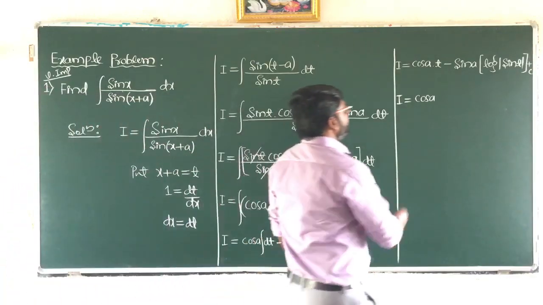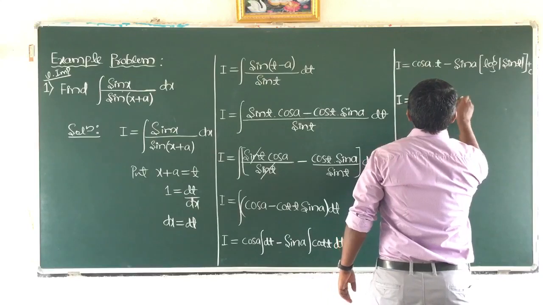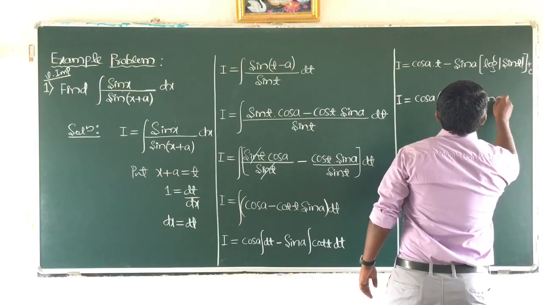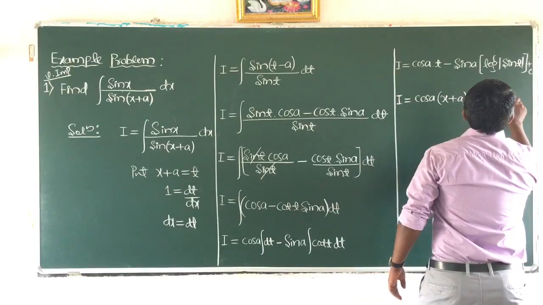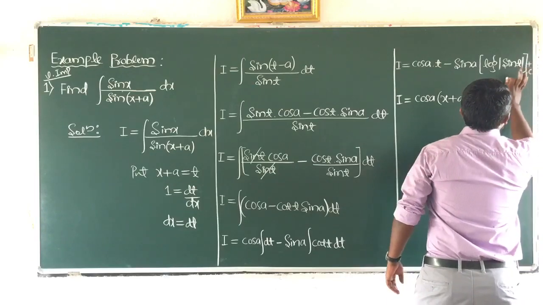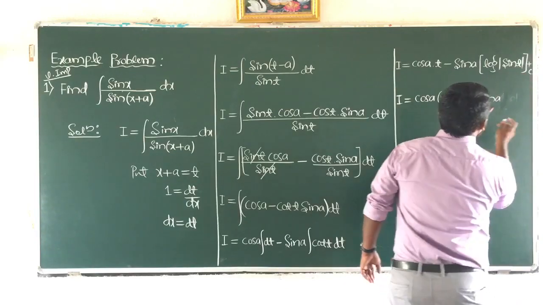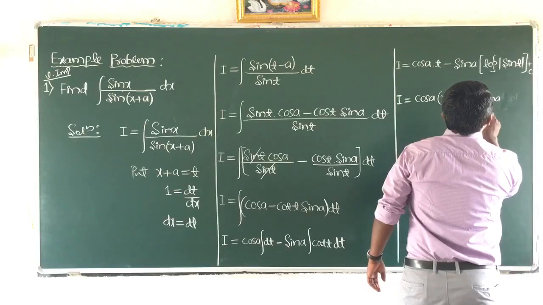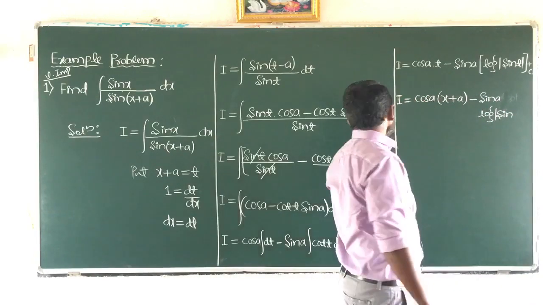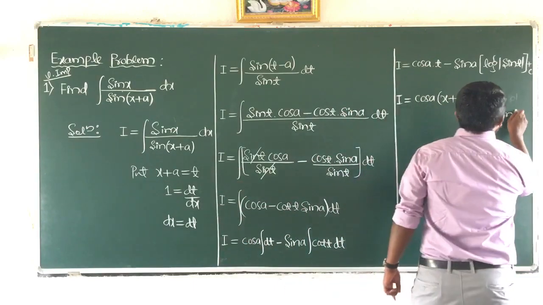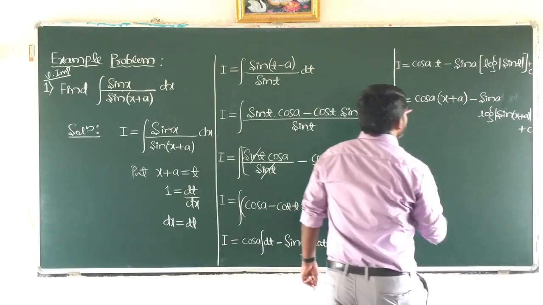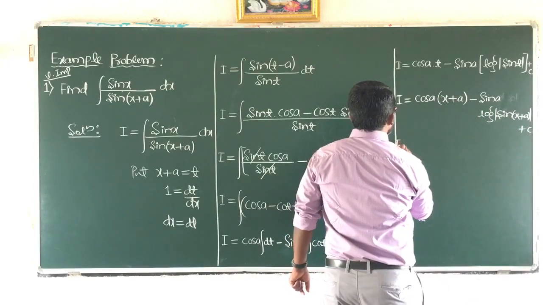That must be written now. (x plus a) minus sin a into log mod sin t, I will write this here because I don't have much space there. Sin a into log mod sin of (x plus a) plus c.